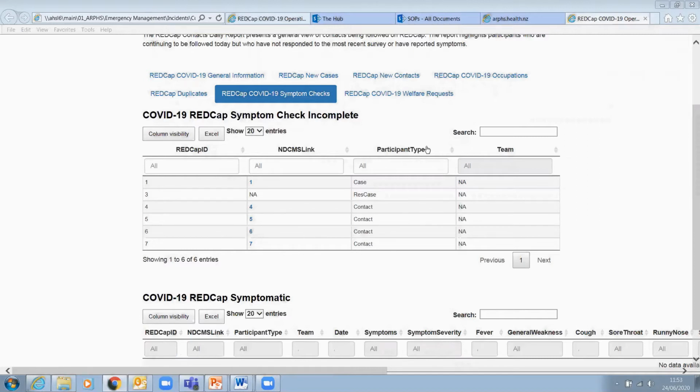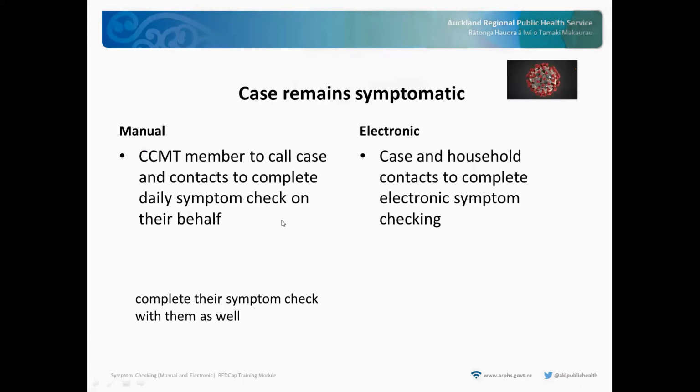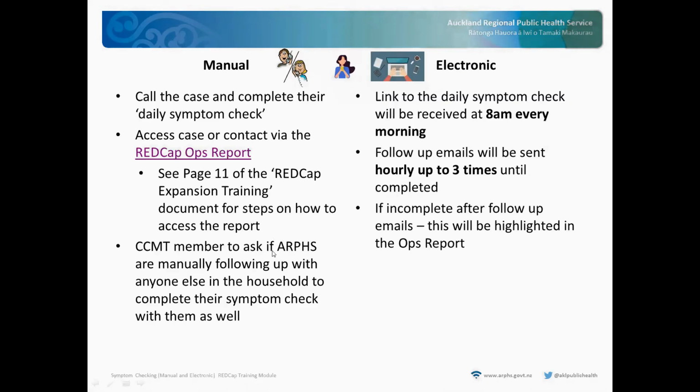Our participant type, you'll be able to identify whether it is a case or a contact that you will be phoning. And then also the team, you'll be able to know which team is assigned. You can also see page 11 of our REDCap expansion training document for steps on how to access the report, if you ever get lost later on.